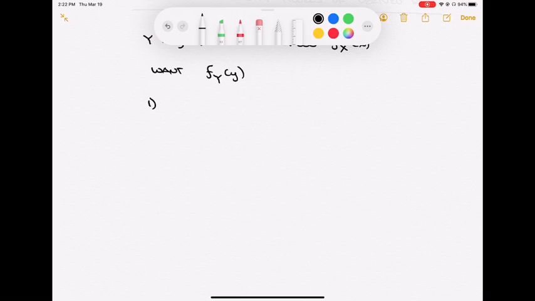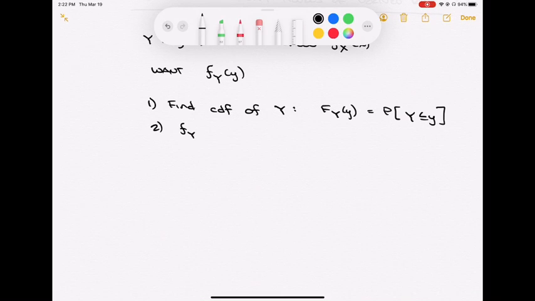The first thing you're going to want to do is find the CDF of Y, which is to say that we want to find F_Y of y, which is equal to the probability that Y is less than or equal to y. And then the second step is that the probability density function f_Y of y is just the derivative with respect to y of the CDF F_Y of y.